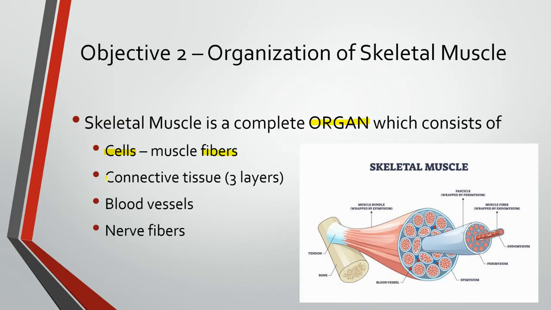It's going to be composed of connective tissue. We're going to look at 3 different layers of connective tissue that you will find within the muscle. And then we also have blood vessels that are coming through to provide nourishment, remove waste, and bring oxygen. And then you also have your nerve fibers that are telling those muscles what to do.